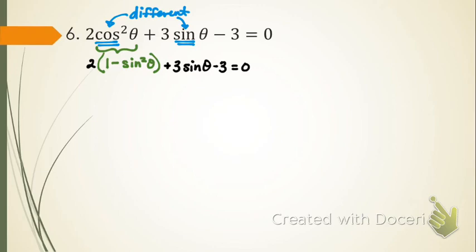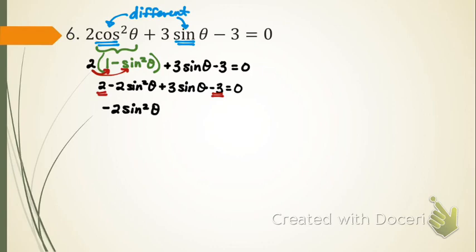I'm going to have 2 minus 2 sine squared theta plus 3 sine theta minus 3 equals 0. Is there anything I can combine together? 2 and negative 3. What will I get when I combine those? Negative 1. So I have negative 2 sine squared theta plus 3 sine theta minus 1 equals 0.